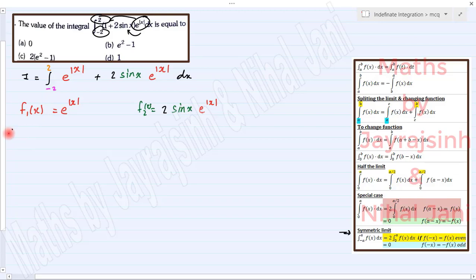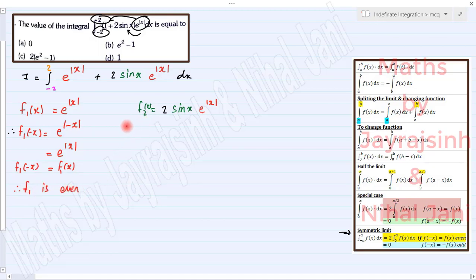So let's check one by one. For first function, your f of minus x will be e raised to mod minus x, which is simply e raised to mod x. So here we get our f(x). So your f1(minus x) is your f1(x). Therefore, your f1 is even function.